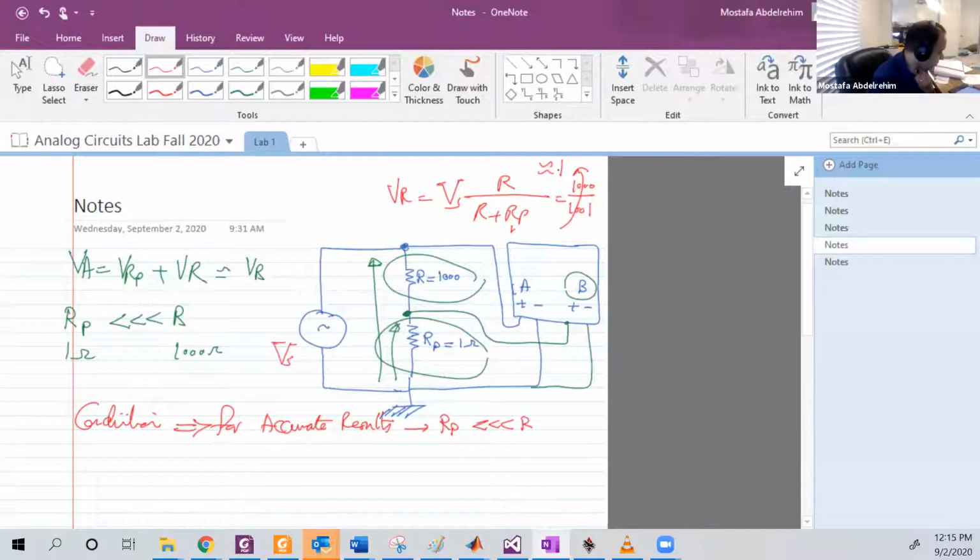Okay. So we're gonna repeat what we have done in experiment 2, but now we're gonna change the connections of the oscilloscope to be close enough to the practical setup that you're gonna do in a real lab with a real oscilloscope.